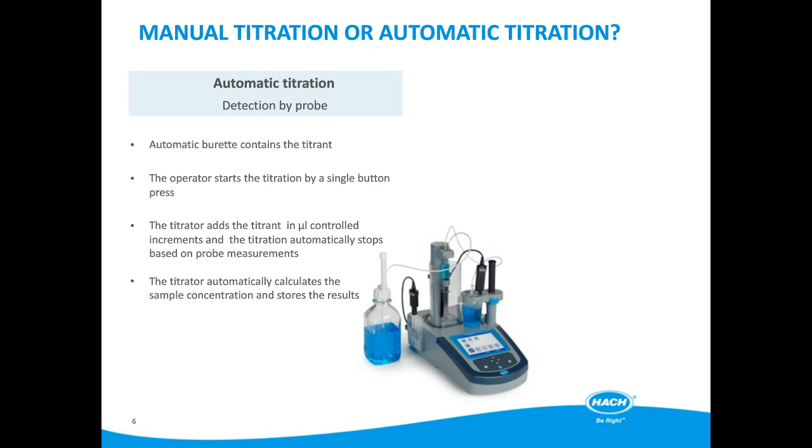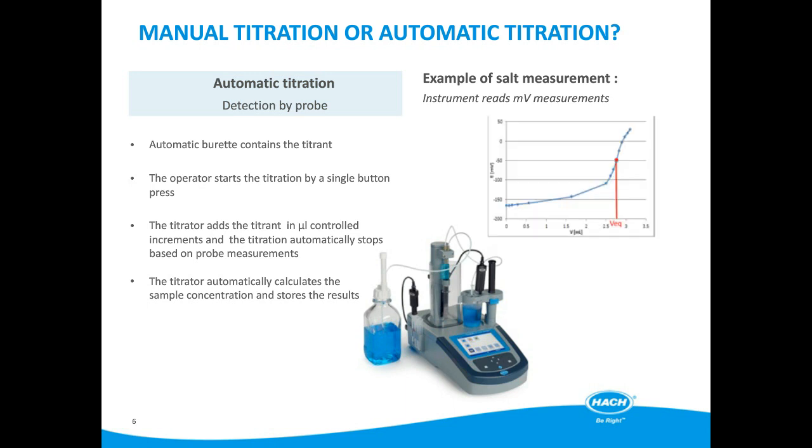So if we take the same example as before regarding salt, we can see that the instrument will follow precisely the millivolt measurements, and there is no doubt about the end point.